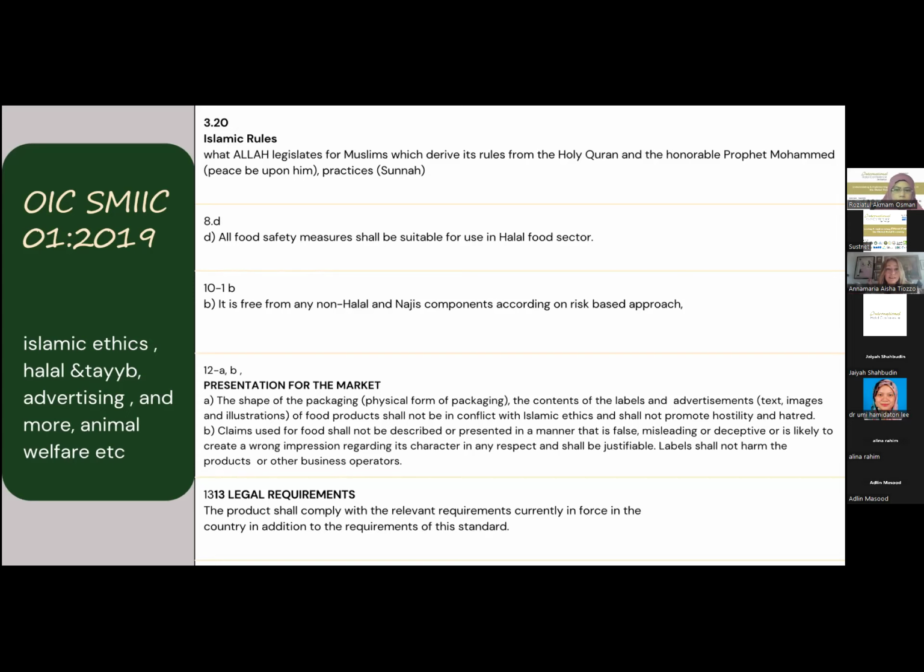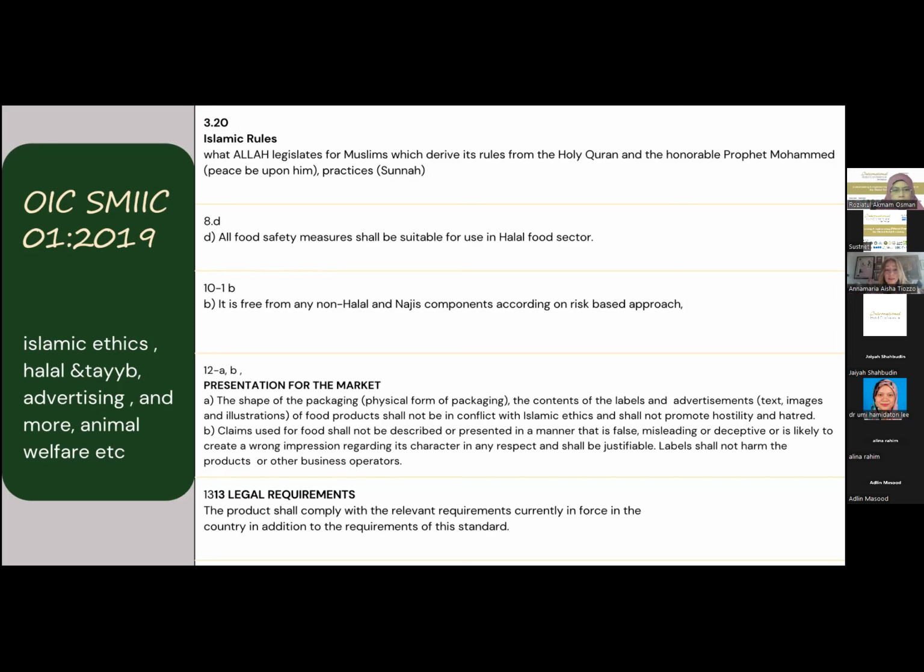We have point 8: all food safety measures shall be suitable for use in the halal sector. Point 10: it is free from non-halal and najis components according to a risk-based approach. And especially points 12 and 13, on presentation for the market.